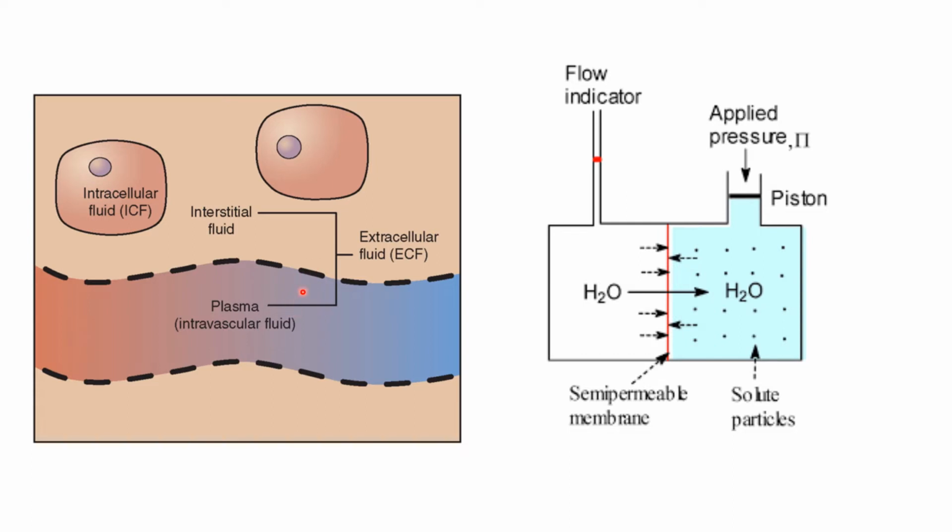The plasma is in contact with interstitial fluid through the thin, one-cell-thick capillary membrane that has gaps in between the cells. These gaps are called fenestrae or windows, so the plasma can flow into interstitial fluid. These fluids are in contact. If the osmolality of one fluid changes, it will change the osmolality of others.